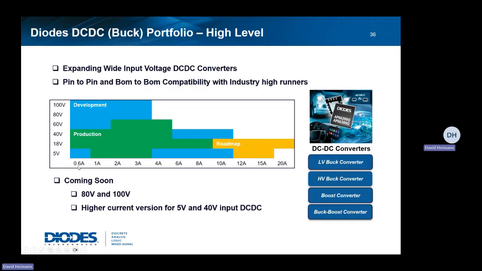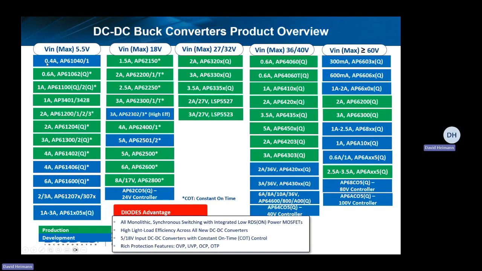Again, at a high level, this particular chart represents hundreds of SKUs of DC to DC converters. It's illustrated here when you look at the different input ranges. We start at 5.5 volts, and we go here. This is everything above 60 volts, so this includes 80 volt and 100 volt parts.